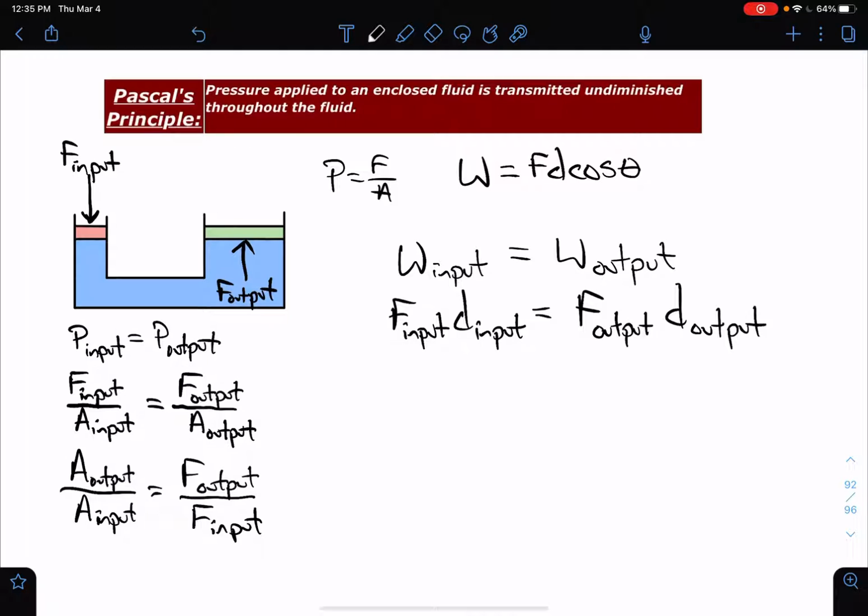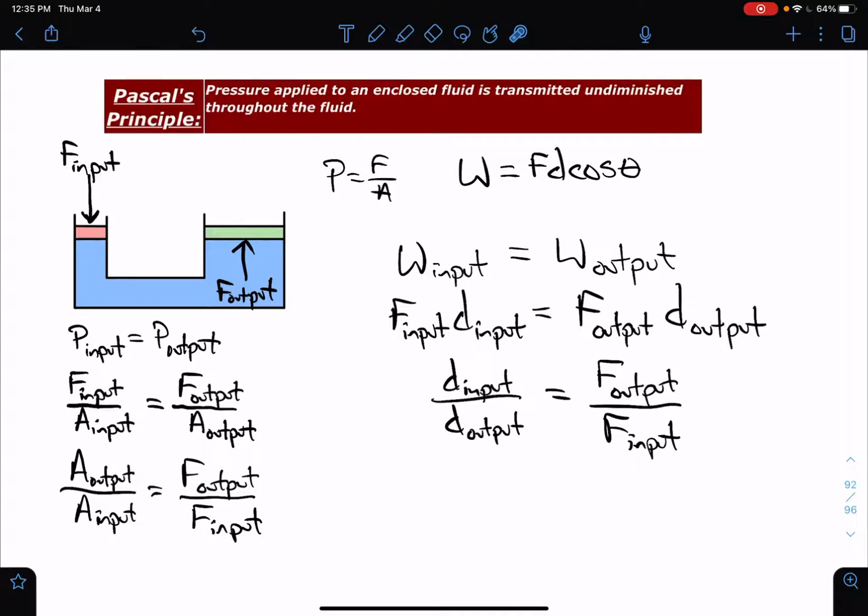And we could rearrange this formula just like we rearranged the other one. And it'll look something like this if we do that. And notice how here the word output is in the numerator up here, but it's in the denominator here, okay?